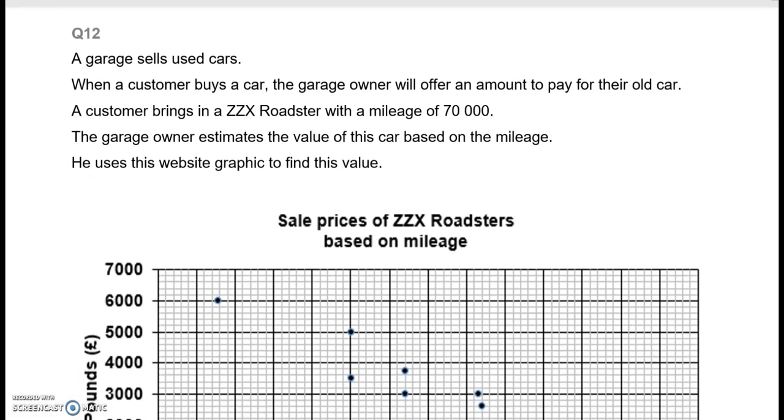A garage sells used cars. When a customer buys a car, the garage owner will offer an amount to pay for the old car. A customer brings in a ZZX Roadster with a mileage of 70,000. The garage owner estimates the value of this car based on the mileage. He uses this website graphic to find this value.